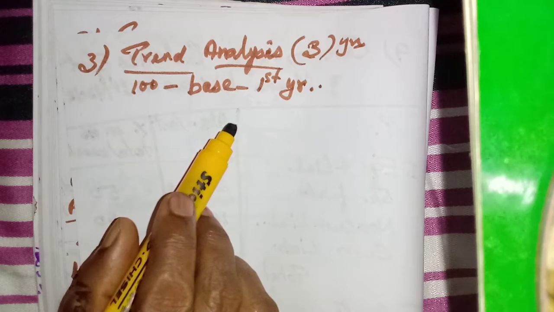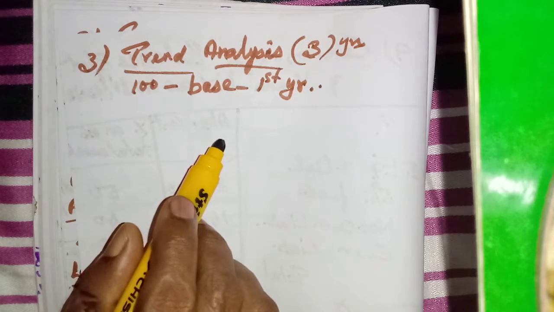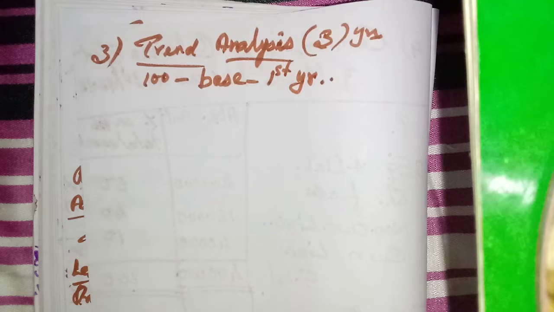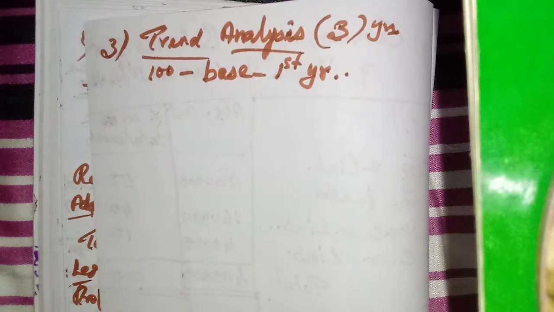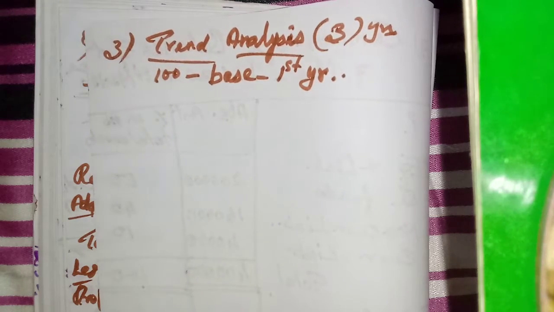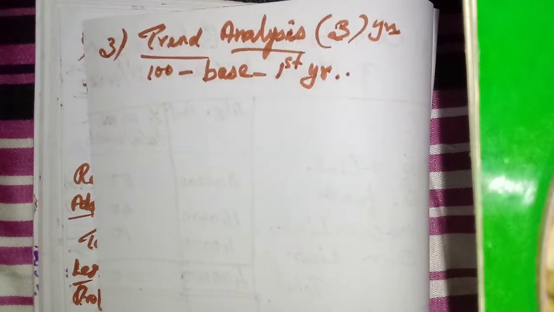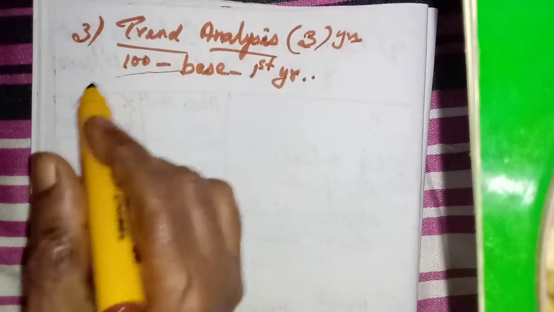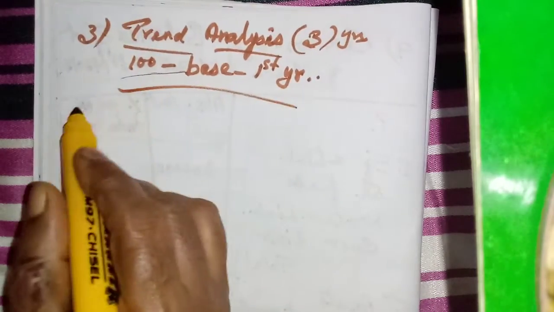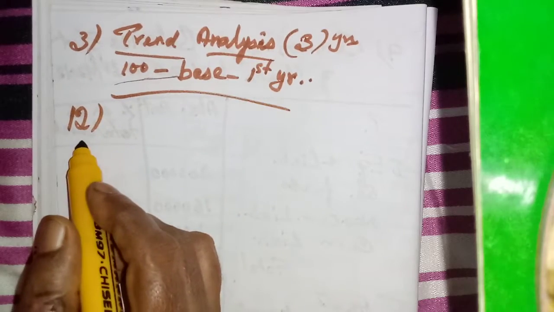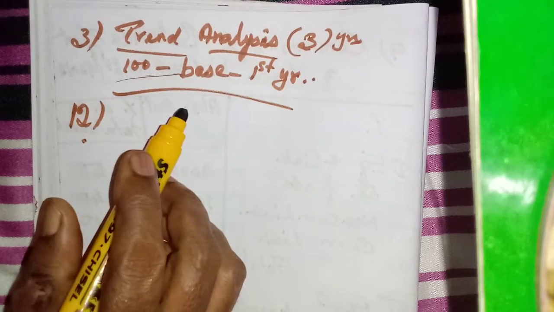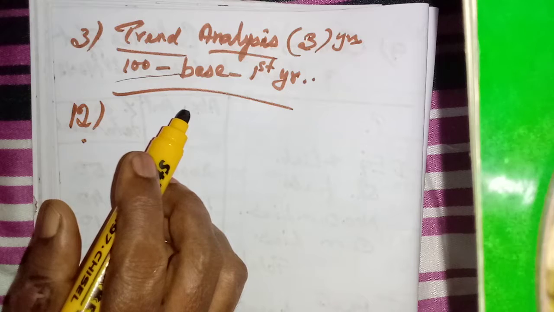Okay, now we will see the next exercise in trend analysis, the 12th one. The 12th exercise is on page number 290.